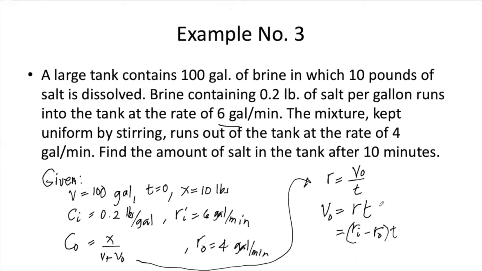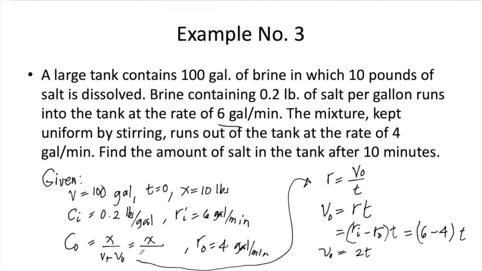So what is R sub I? R sub I is 6. What is R sub O? 4. So times T. So our V sub O is equal to 2T. That's why our equation here is X over, what's the volume initially?